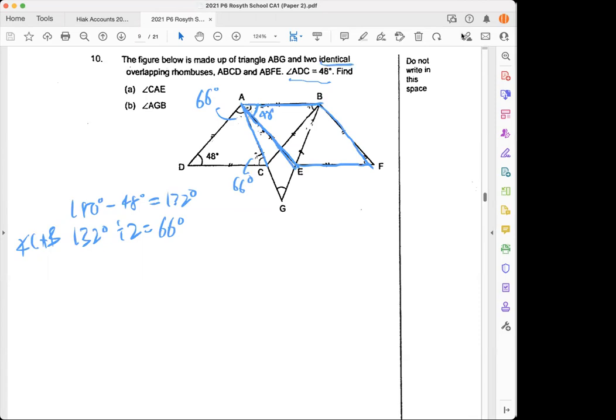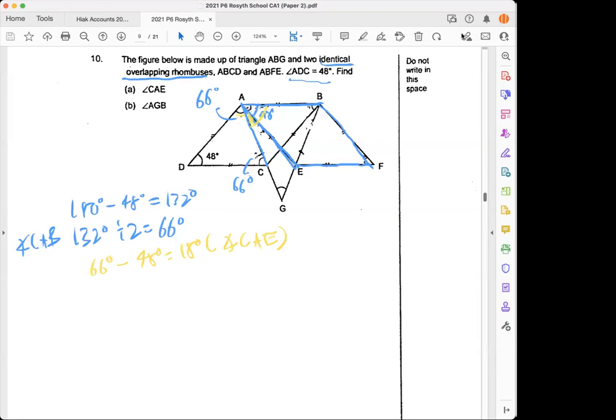Just now we were saying that this is 66. So if I want to find this angle, it will be 66 minus 48, which is 18 degrees. And this will give you angle CAE.